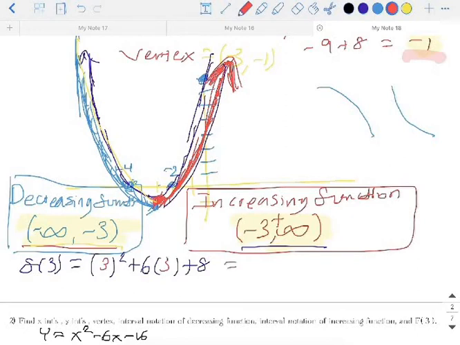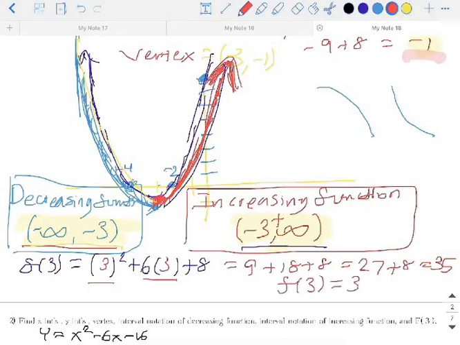Applying a little bit of arithmetic. 3 to the second, that's 9. 6 times 3 is 18, plus 8, which becomes 27 plus 8, which is 35. So be sure to write your answer in this manner. The function of 3 equals 35.